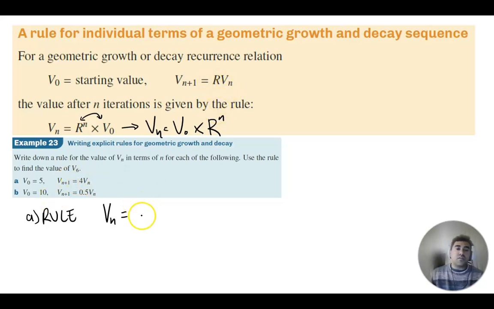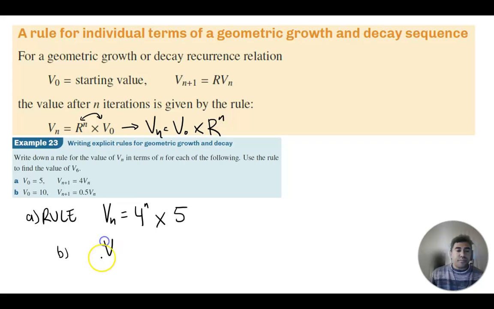This here is 4, so we're going to write 4 to the power of n, and we're going to multiply this by whatever our initial amount is, 5. And there we have our rule. Similar to the process before, you can see this familiarity of numbers. It's just written in a different way.